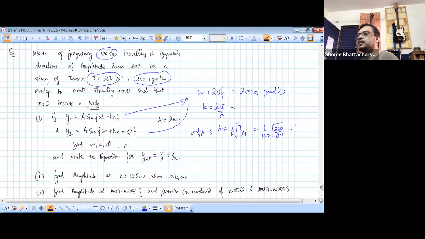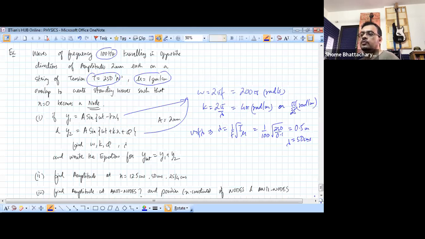So you can see that it is 0.5 meter or 50 centimeters. That's lambda. So accordingly, your k is becoming 4 pi radians per meter, or pi by 25 radians per centimeter, however you choose to write it.